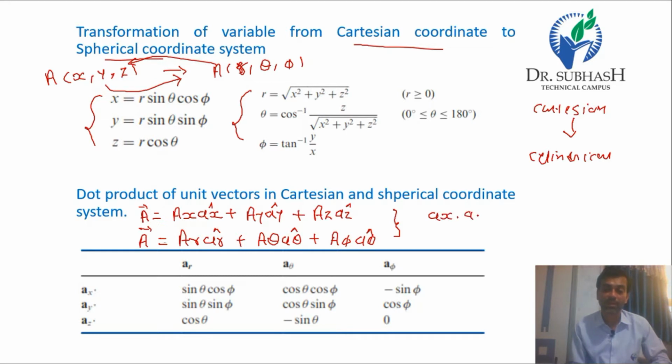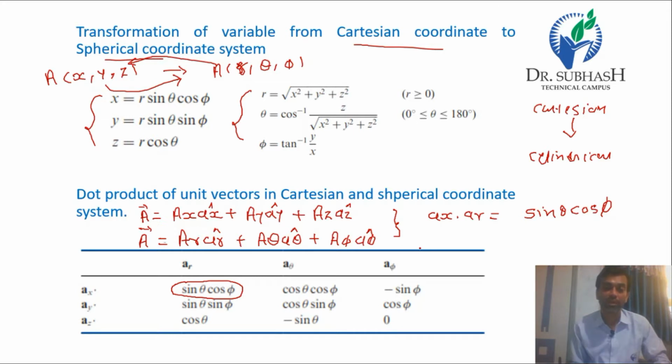Suppose we take ax dot ar, then you need to put in its value using this table, and this value is sin theta cos phi. Similarly, you need to put in the values of ax dot a theta, ax dot a phi, ay dot ar, ay dot a theta, ay dot a phi, and az dot ar, az dot a theta and az dot a phi.